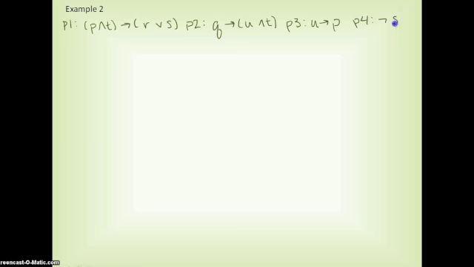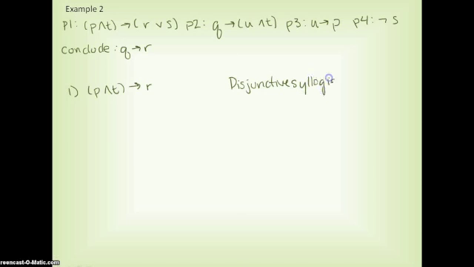Our next example has 4 propositions. Proposition 1 is P and T implies R or S. Proposition 2 is Q implies U and T. Proposition 3 is U implies P, and Proposition 4 is not S. We want to conclude that Q implies R. First off, we get P and T implies R, which is a disjunctive syllogism of P1 and P4.